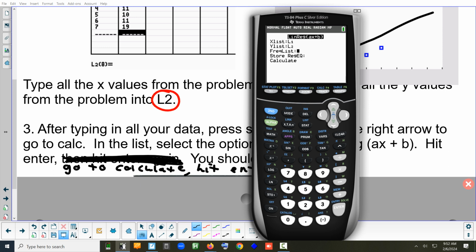So to get to the bottom, we press the down arrow. We don't have to change anything there. We're not even talking about that other stuff. So is everyone able to get a black box around the word calculate? Okay. Once you get a box around that, hit enter.